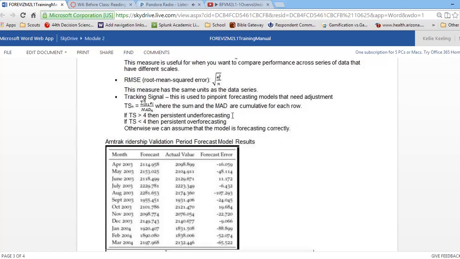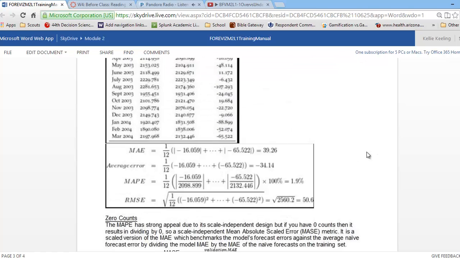And then it's kind of like measuring out about 3 standard deviations, which translates into greater than 4 or less than 4. In some books you might see this as 3.75.